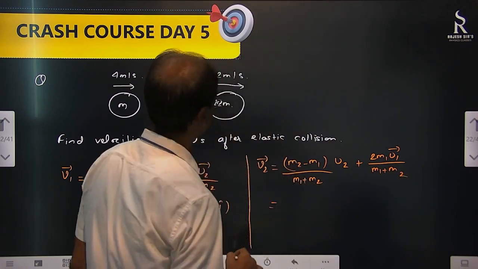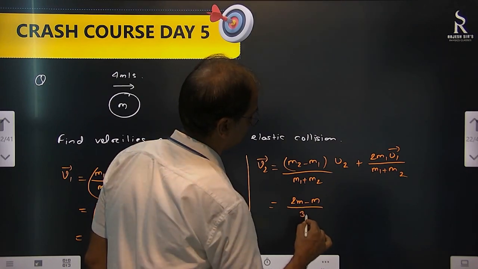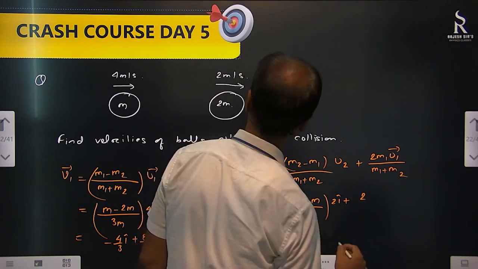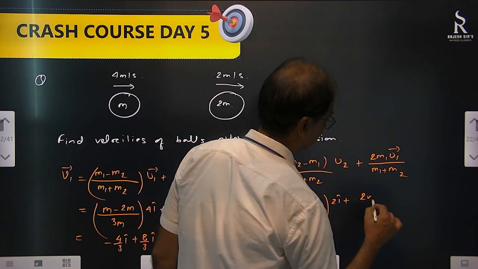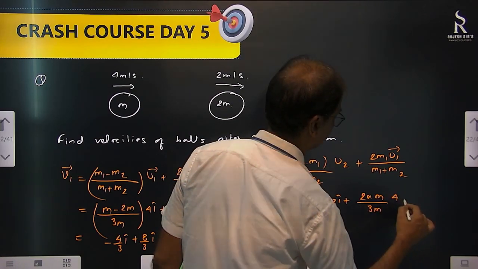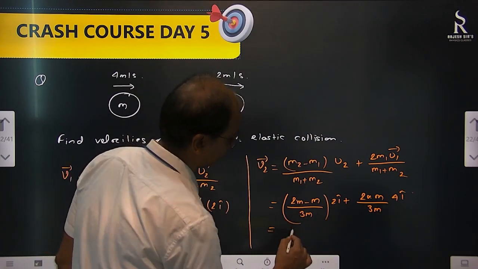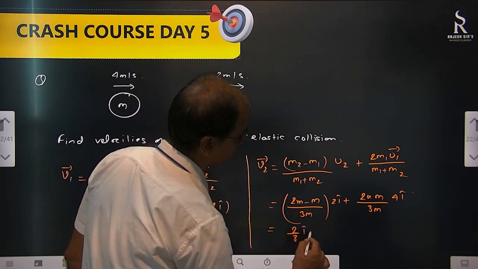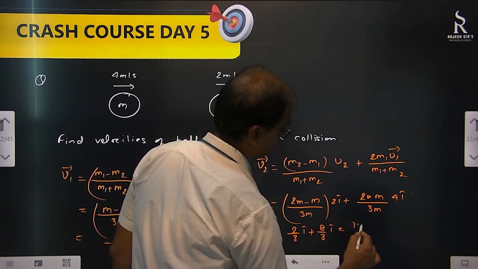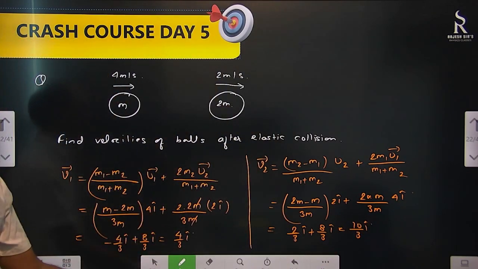M2 is 2M, so 2M minus M by 3M into 2 i cap, plus 2 into M by 3M into 4 i cap. What are we getting here? This is M by 3M, so 1 by 3, so 2 by 3 i cap plus 8 by 3 i cap. This is 10 by 3 i cap. So the V2 value is 10 by 3 and the V1 value is 4 by 3.